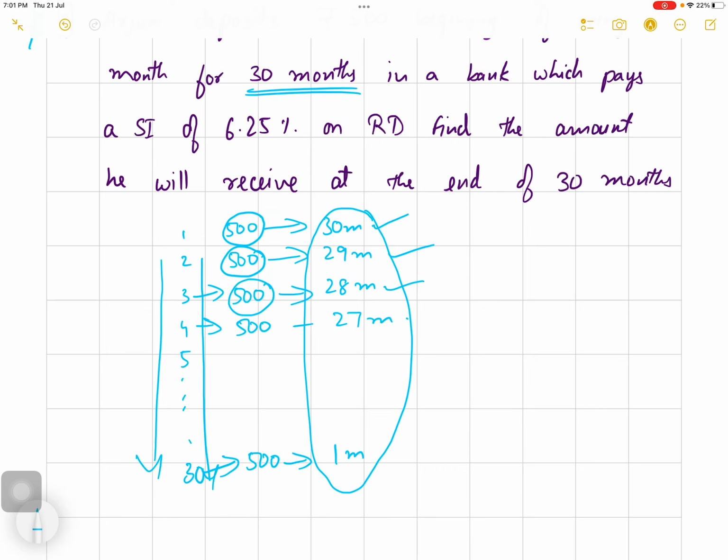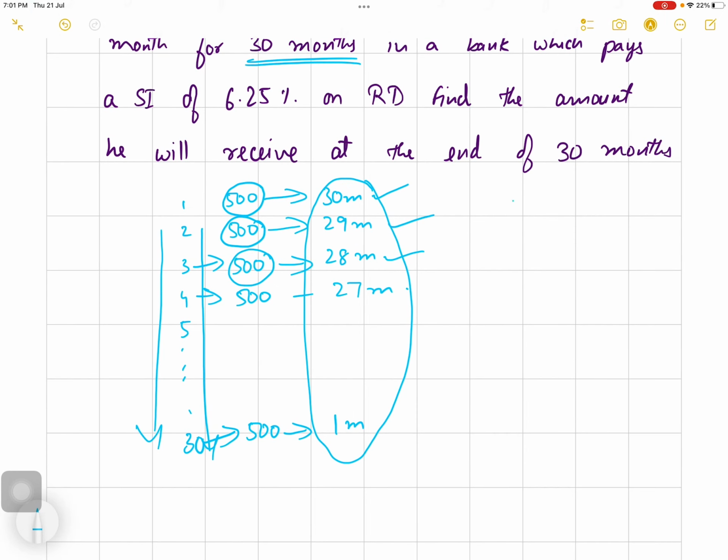Here the principal for each month is rupees 500. Actually, for the first month the principal is 500, for the second month 500 plus 500 it will become 1000, and for the third month it will become 1500.